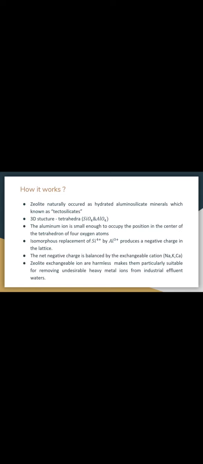For the selective adsorbents, the application that I want to stress is the removal of metal cations from waste. So how does this work? It works because zeolite naturally occurs as a hydrated aluminosilicate mineral, known as tectosilicate. It has a 3D structure, which is tetrahedra of silicate and aluminate. The aluminum ion is small enough to occupy the position in the center of the tetrahedron of 4 oxygen atoms.